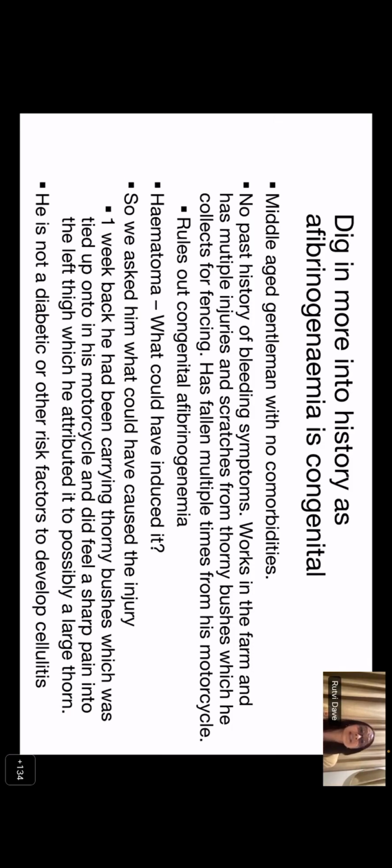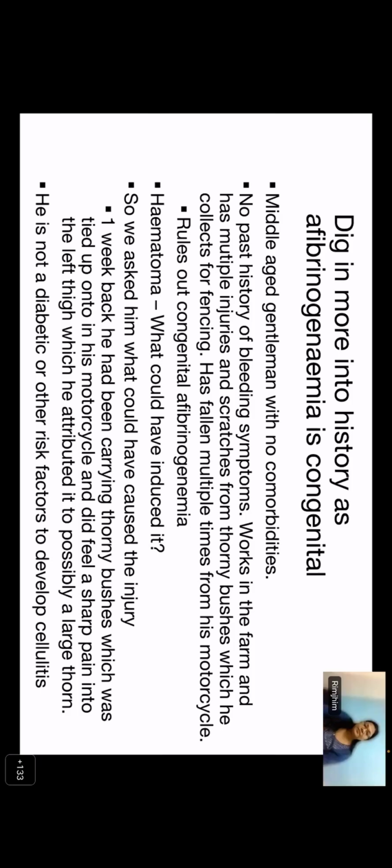Now this is a middle-aged man with no comorbidities and no past history of bleeding symptoms. He works in the farm and has had multiple injuries and scratches from thorny bushes, which he collects for fencing. He has fallen multiple times from his motorcycle, but he has never bled extensively. So this rules out the diagnosis of congenital afibrinogenemia.